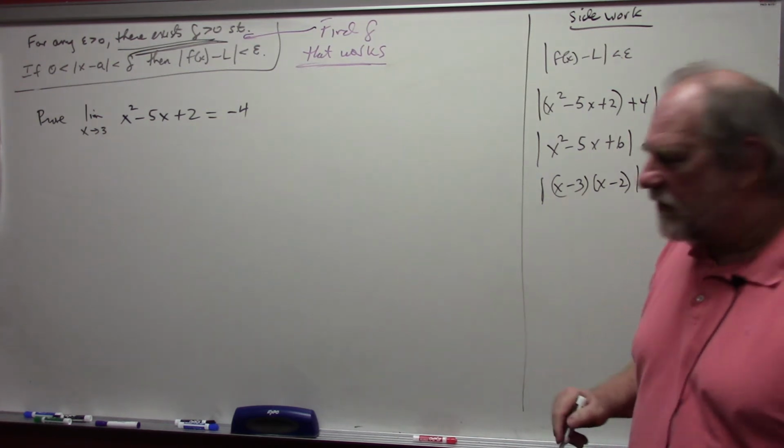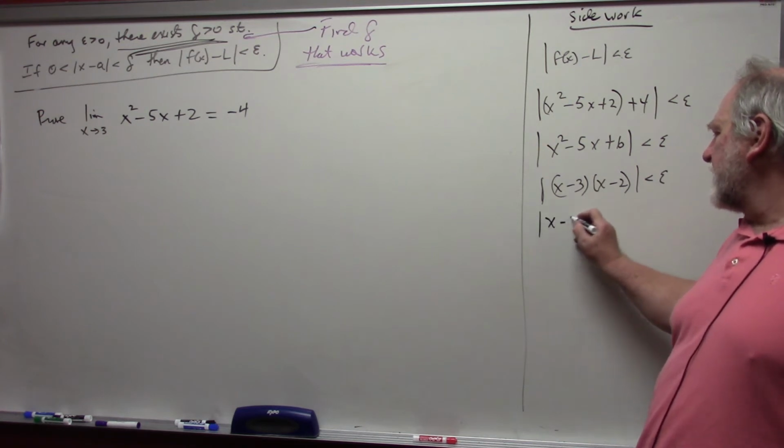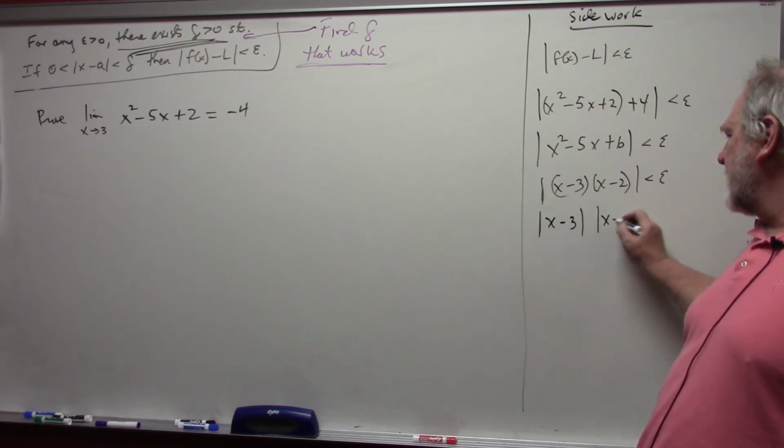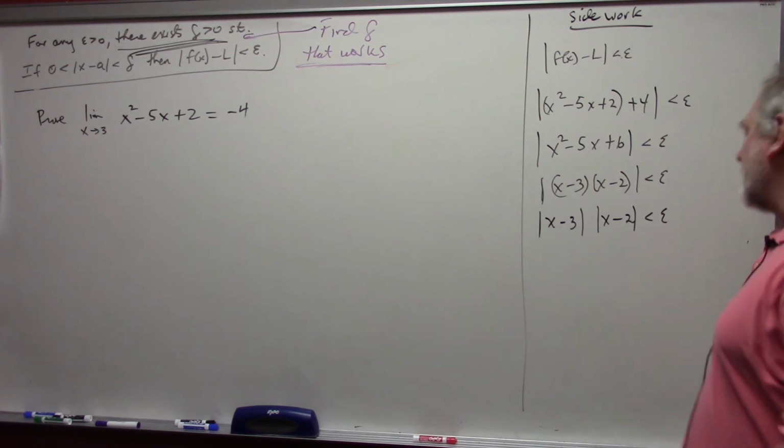Using our rules of absolute value, this is the absolute value of x minus 3 times the absolute value of x minus 2, less than epsilon.